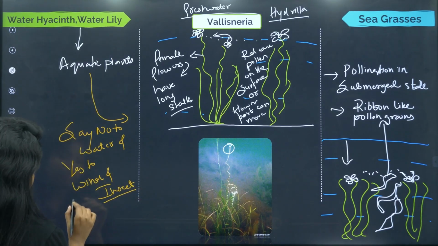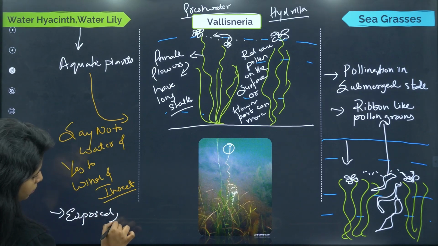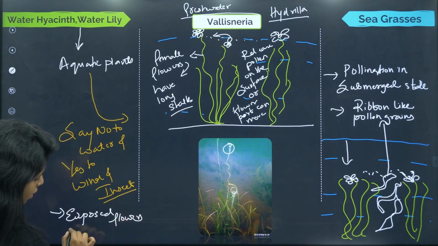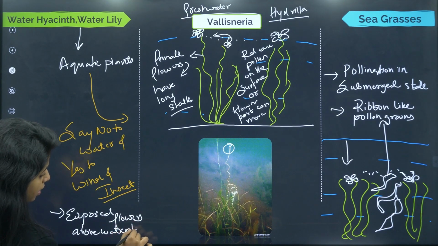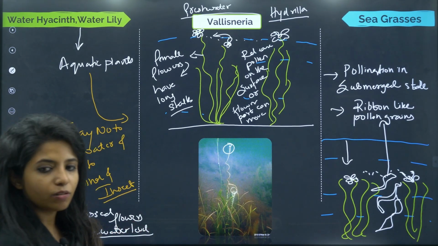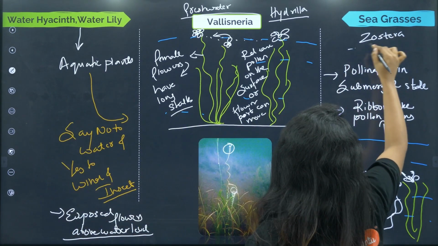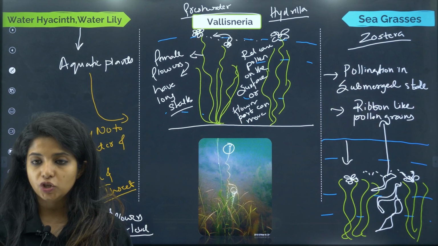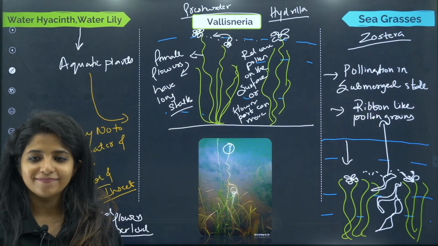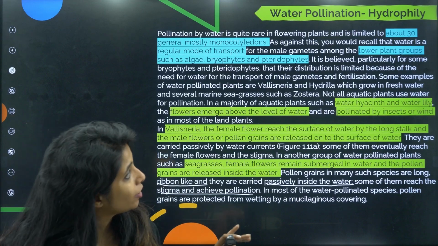For that they will have exposed flowers above water level. I hope this is done. Now, seagrasses example you have in your book Zostera. Either way you can remember Zostera. Okay, done. So, that is about water pollination.